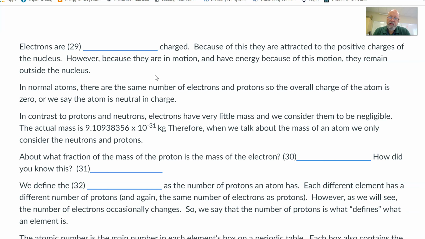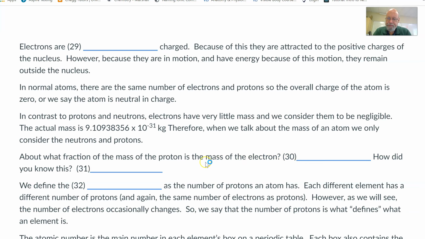So we have something that is 1.67 times 10 to the negative 27th kilograms, and something else that's 9 times 10 to the negative 31st, which is almost 1 times 10 to the negative 30th. So we're comparing 10 to the negative 27th versus 10 to the negative 30th. If each step is a difference of 10 times, 10 times 10 times 10 is 1,000. So the mass of a proton is 1,000 times greater than the mass of an electron.